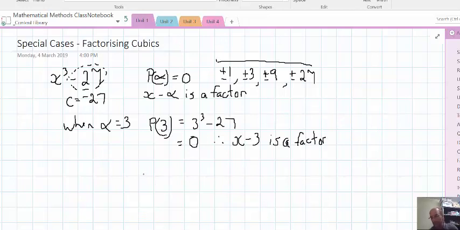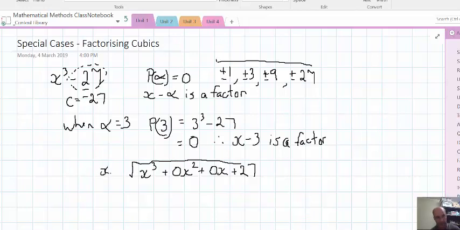Alrighty, so we're ready to start, so we can divide this through. Now put some placeholders in, would be my recommendation, very much. So I've got some placeholders in there, and we have our x minus 3 as our factor.